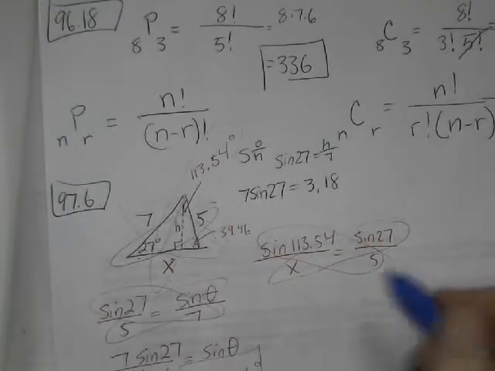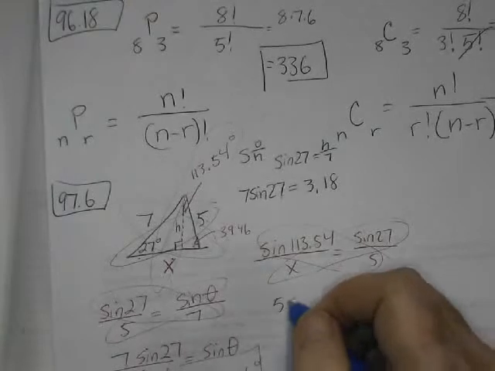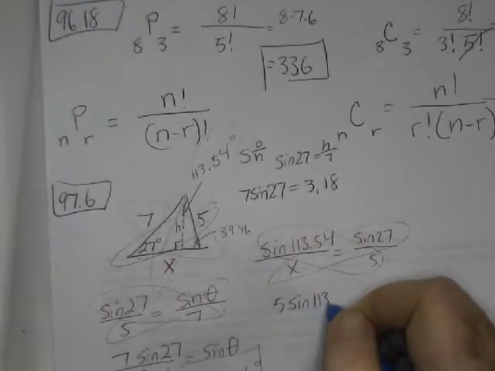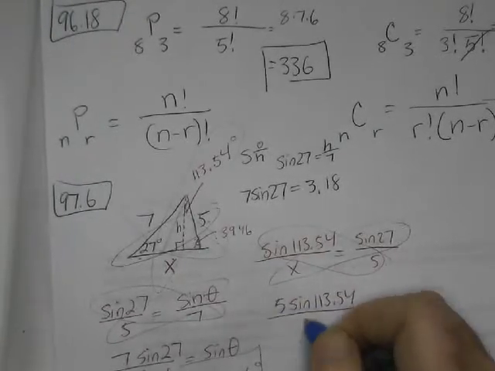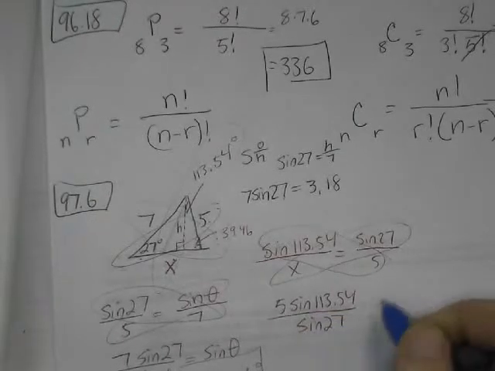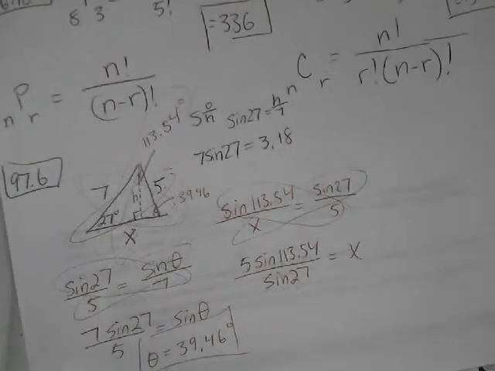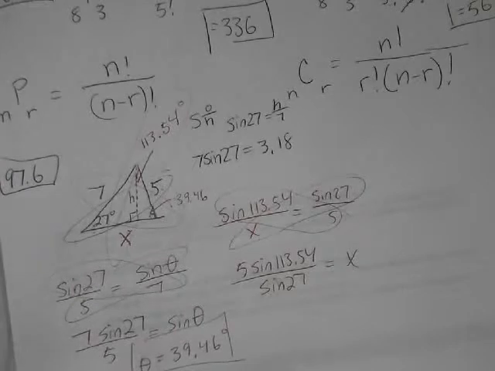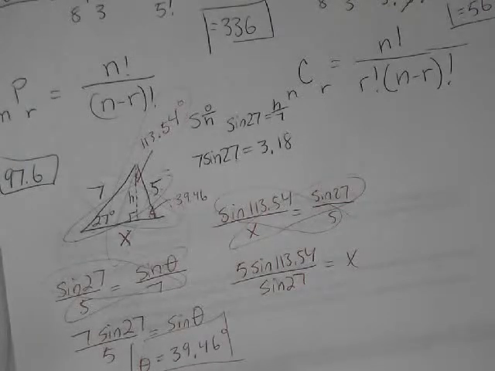So this says 5 sine of 113.54 over sine of 27 is equal to x. Okay, so 5 sine 113.54 divided by sine of 27. I'm typing this in my calculator.